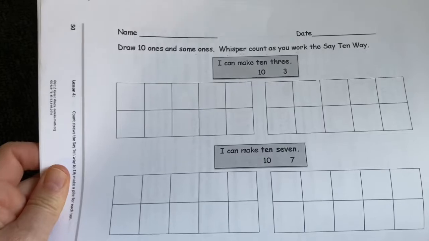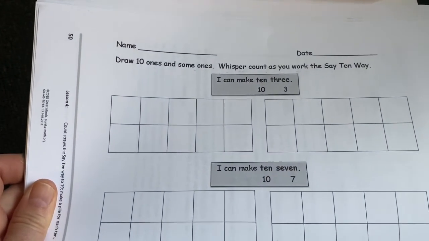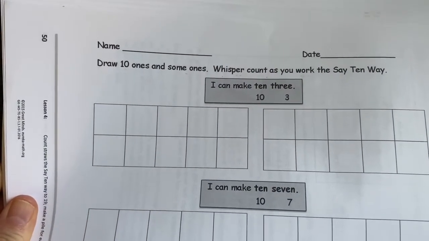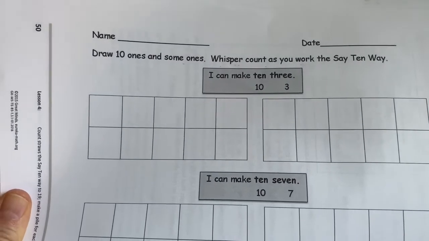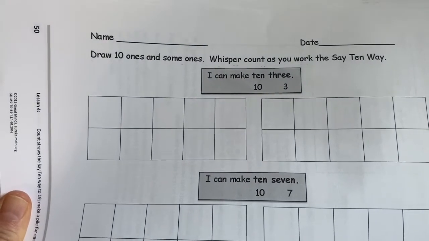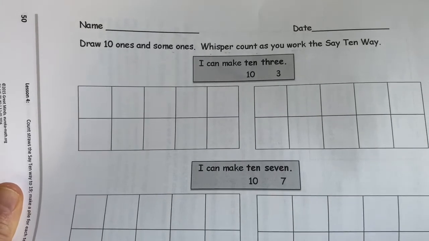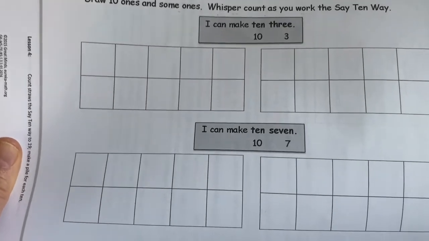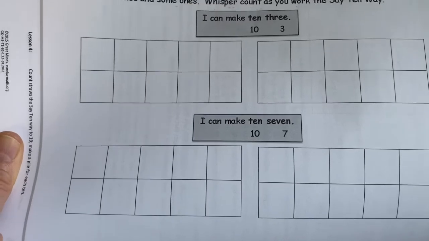So you'll see you have some 10 frames. Okay, yours are side by side instead of being one under the other, okay? So what you have to do is you have to draw 10 ones and then some more ones to show the parts. And whisper count as you work and make sure you're whisper counting the say 10 way. So once you get past 10, 10, 1, 10, 2, 10, 3, 10, 4, and so on, right?